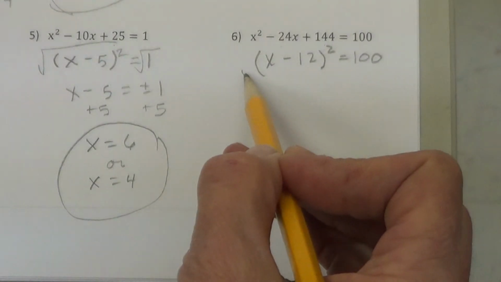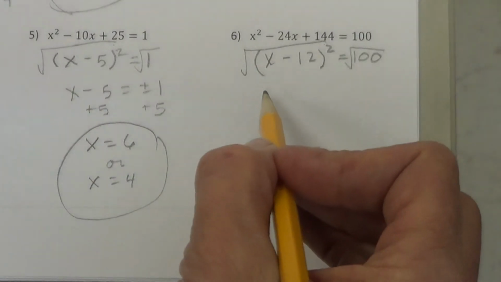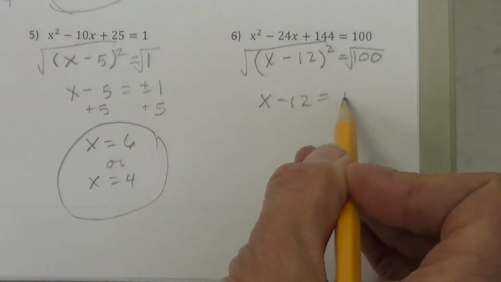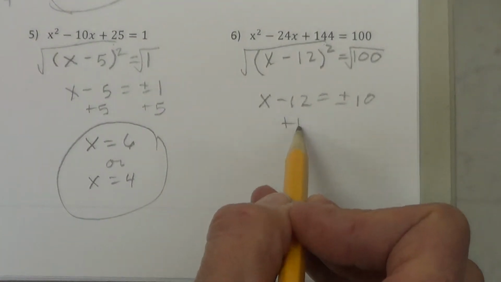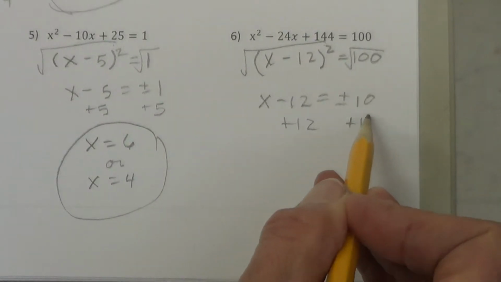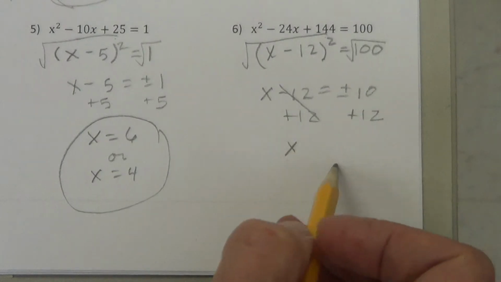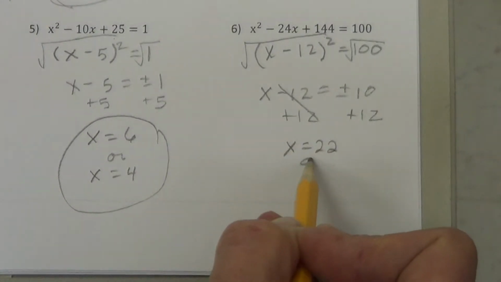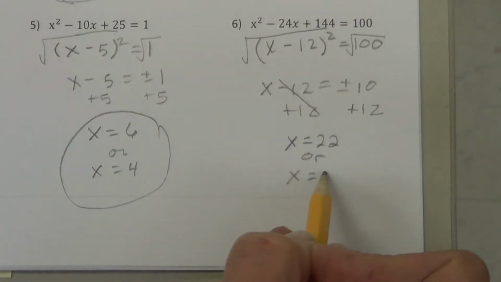Now we take the square root of each side, and we end up with x minus 12 equals plus or minus 10. Now we add 12 to each side, and we finally have x alone because that wipes out. 10 plus 12 is 22, or negative 10 plus 12 is 2.